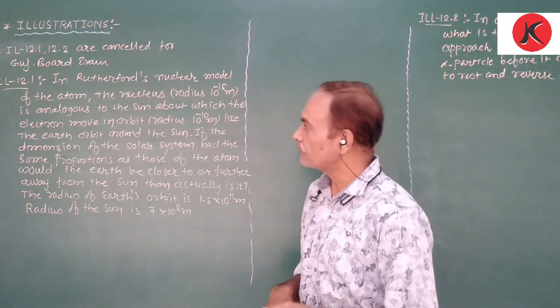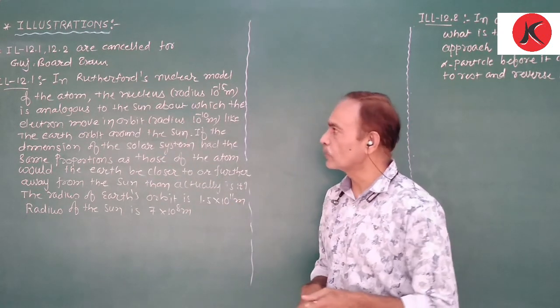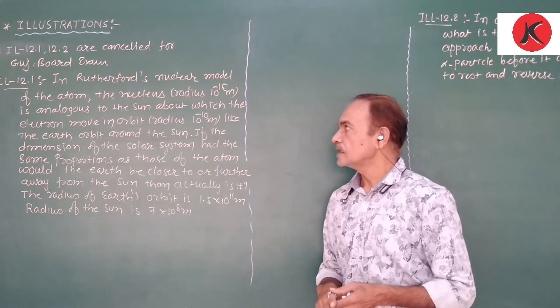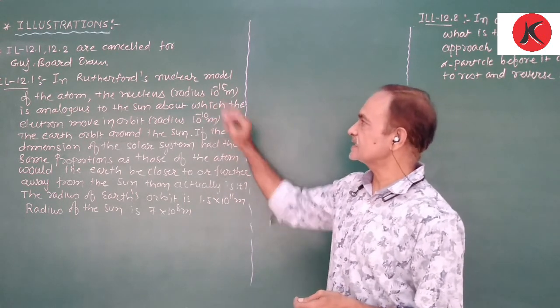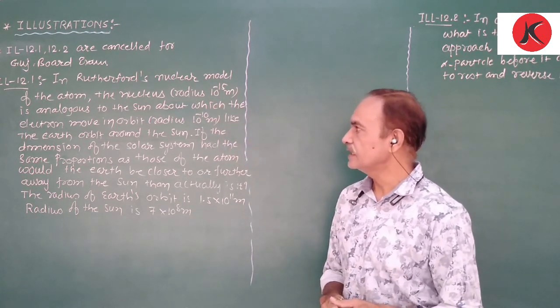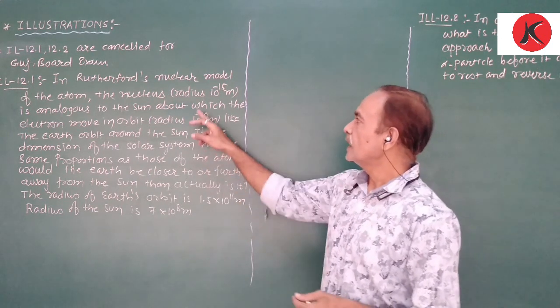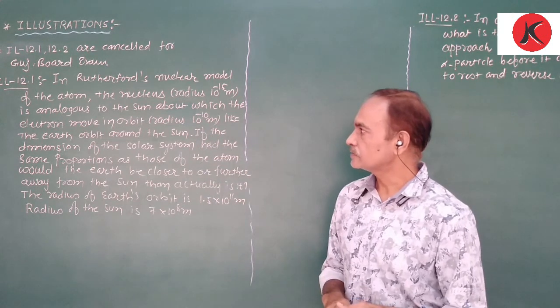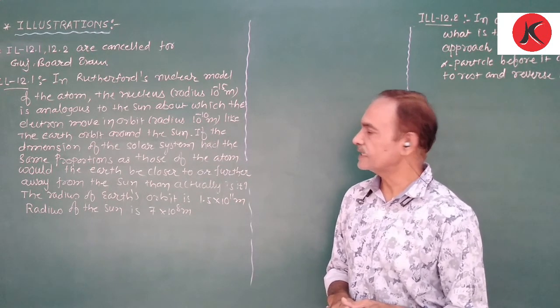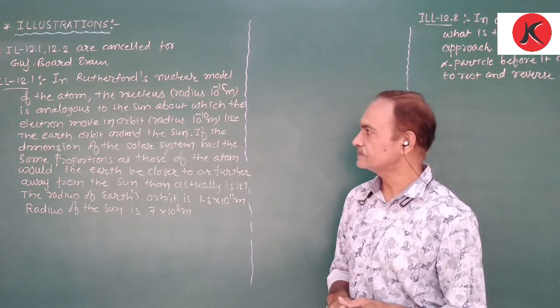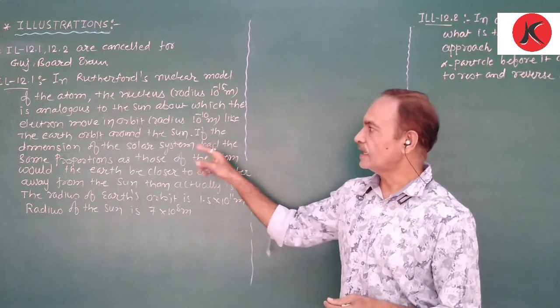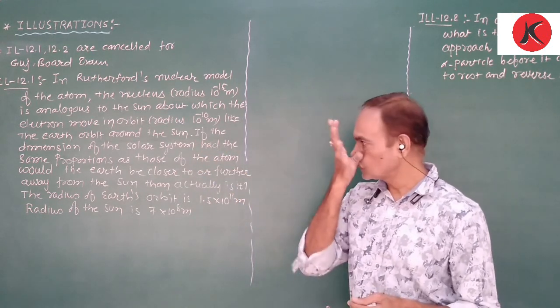Illustration 12.1. In Rutherford's nuclear model of the atom, the nucleus, having a radius of 10⁻¹⁵ meter, is analogous to the sun, about which the electron moves in an orbit of radius 10⁻¹⁰ meter, like the Earth orbits around the sun.